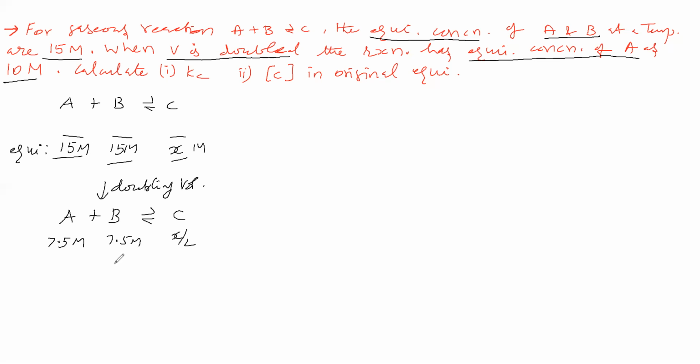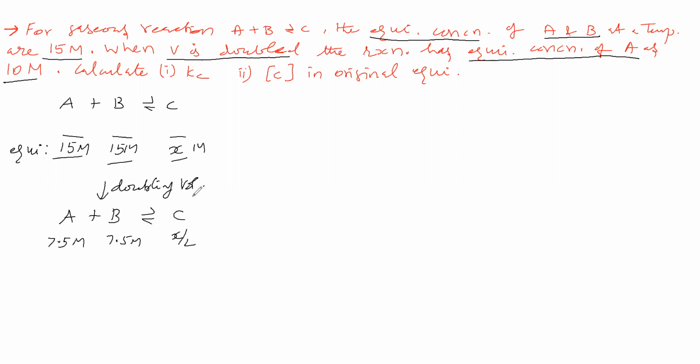Now due to the change in concentration, because of the stress, the equilibrium will be disturbed. Equilibrium is disturbed, meaning either forward or backward is favored. Which will be favored?